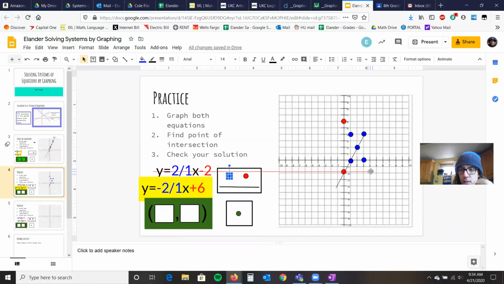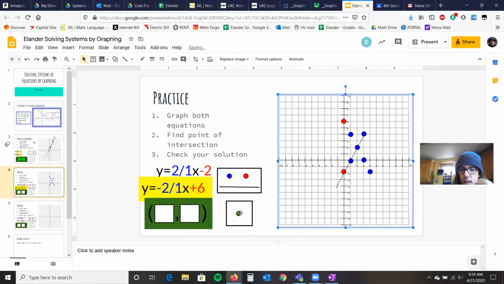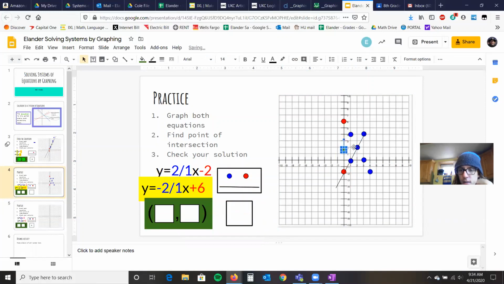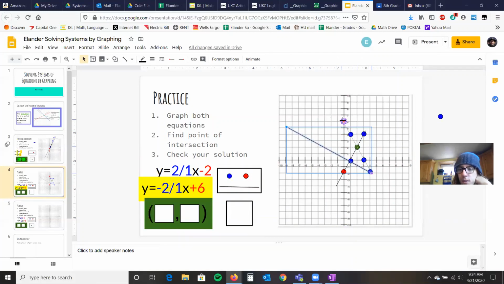All right, and so it hit the line. Okay, it hit our line right there. So that is going to be our intersection, that's going to be our answer, right? It's going to be our solution.